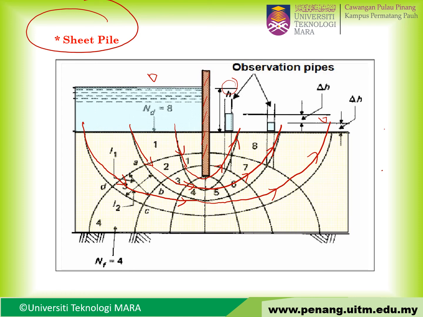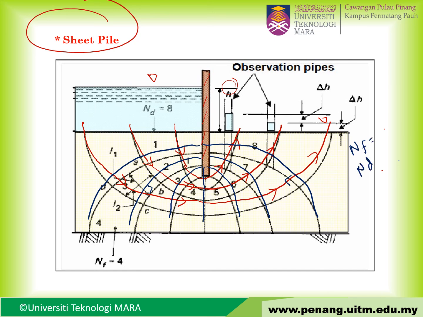And then you have to draw the equipotential lines. The equipotential line should be at 90 degrees. This is an example of how to draw the equipotential line. This one should be 90 degrees. For example, here you have to determine the NF and also ND.